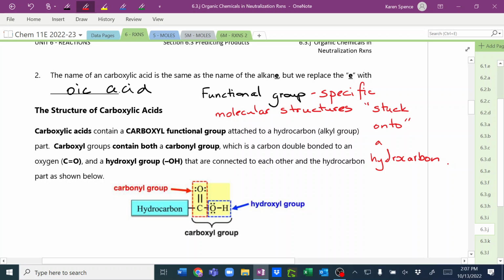So specific molecular structures stuck onto a hydrocarbon, and that does not include things like a methyl group.